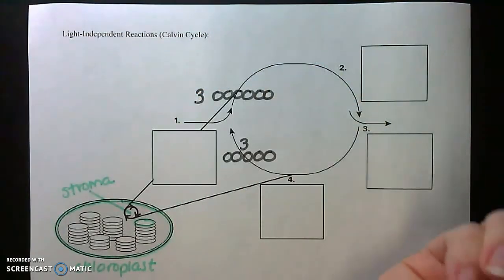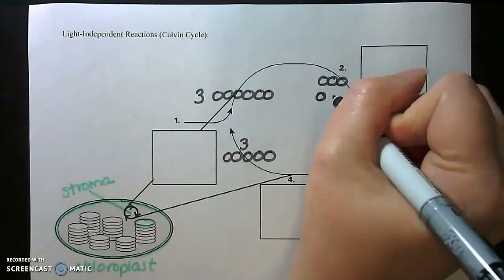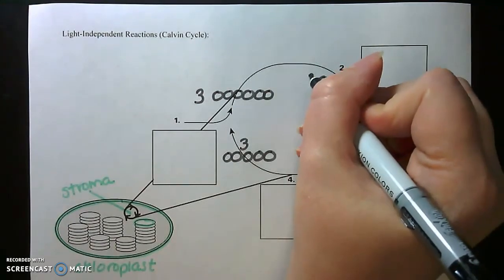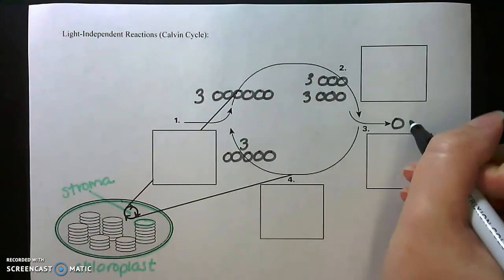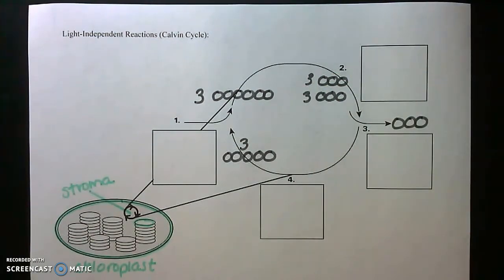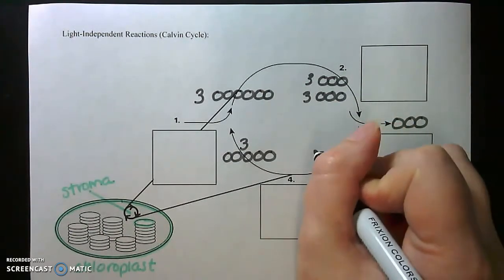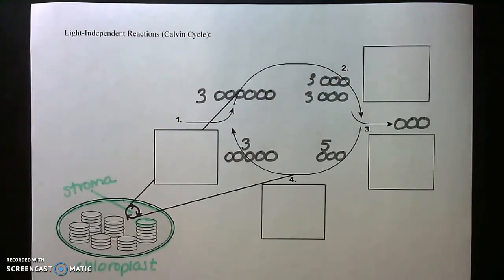Still 3 of them. That 6-carbon molecule is going to be split in half, so 2 separate 3-carbon molecules. So 3 of each. And then 1 of those molecules will leave the cycle altogether, leaving the remaining 5 molecules to stay in the cycle and be regenerated. I wanted to make sure those molecules were all represented in this diagram before we got started.